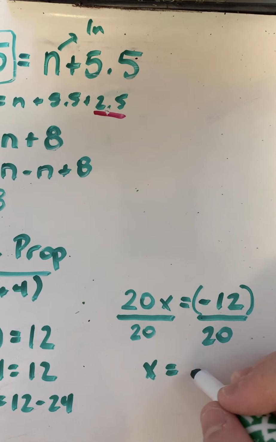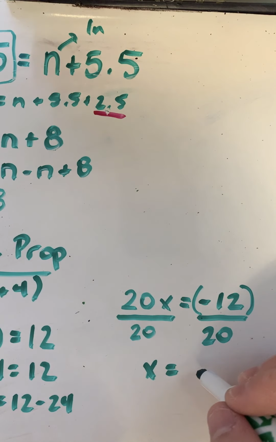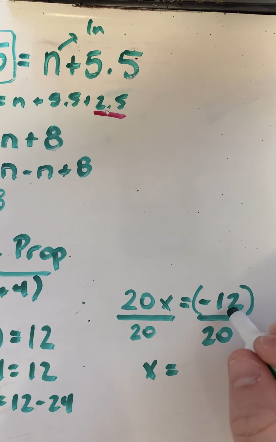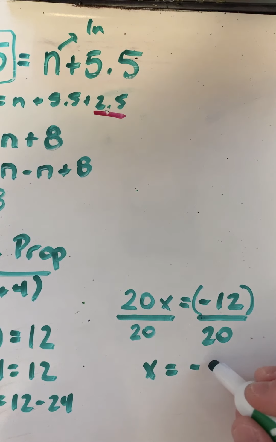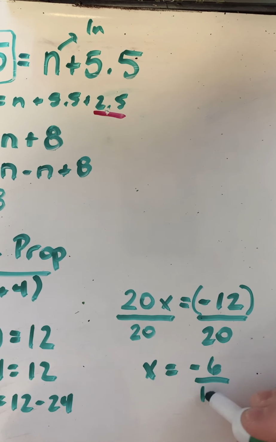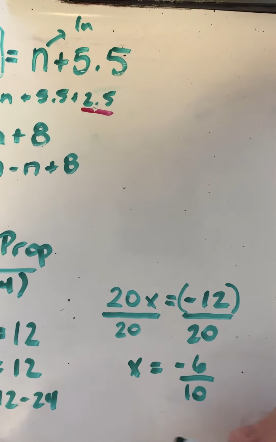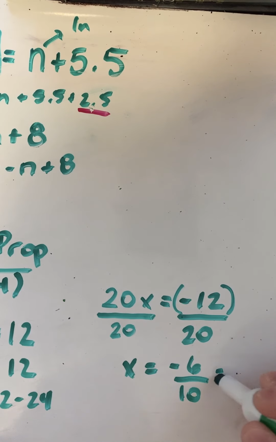I can keep it as a fraction if I want, or I could reduce it. How do I reduce it? What goes into both? 2 goes into it, so negative 6 over 10, but that can be reduced even further into negative 3 over 5.